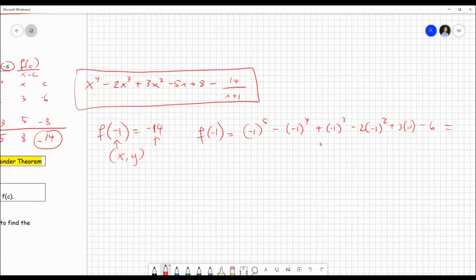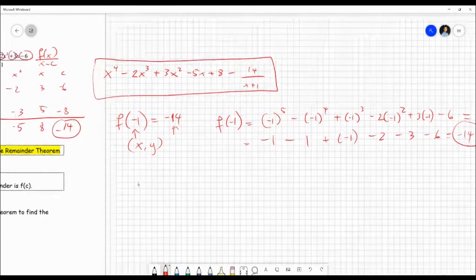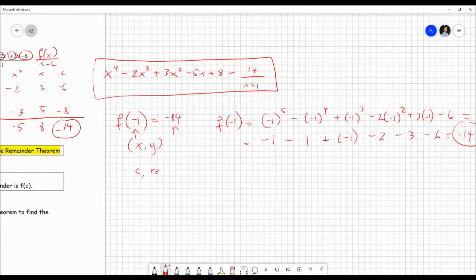And we know that this is going to be equal to -14, but let's check. All right, so we have -1, -1, -1, so that's -1, 2, 3, 4, 5, 6, 7, 8, and -6 is -14. Okay? So here, this is the c value, this is the remainder.